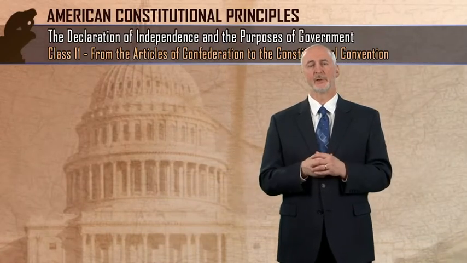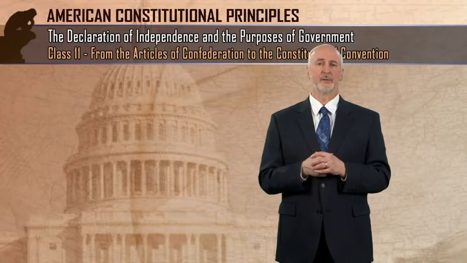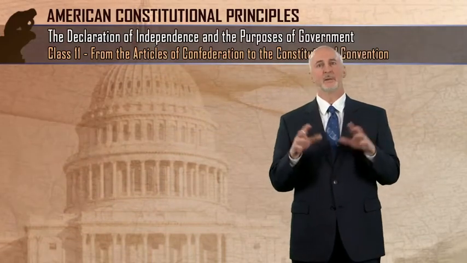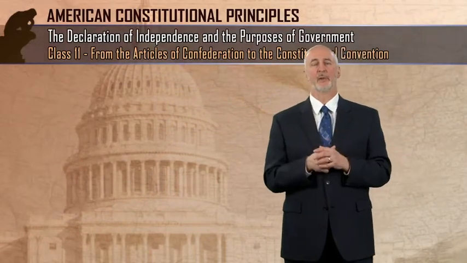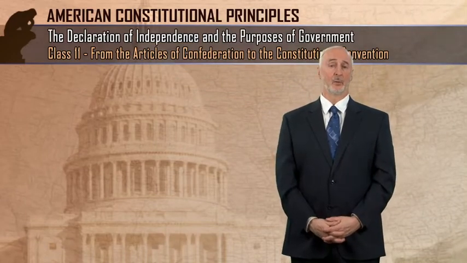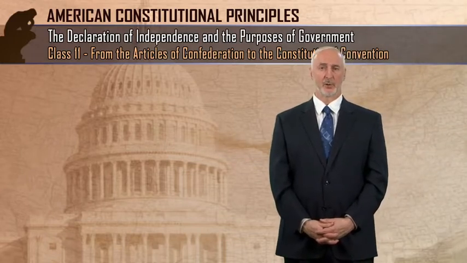It was a significant challenge, and the Articles really took the first steps to accomplish that goal. So the Articles was not a totally imbecilic, weak government that could not accomplish anything. On the other hand, it was a weak government in many ways, and that eventually showed up in practical ways.